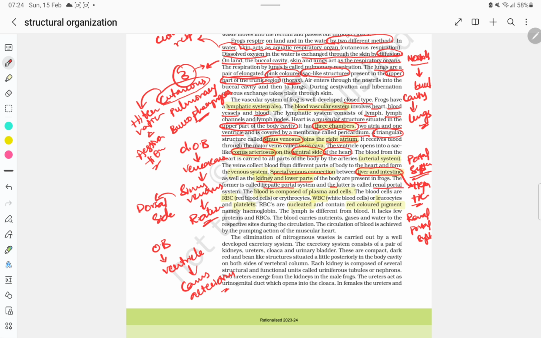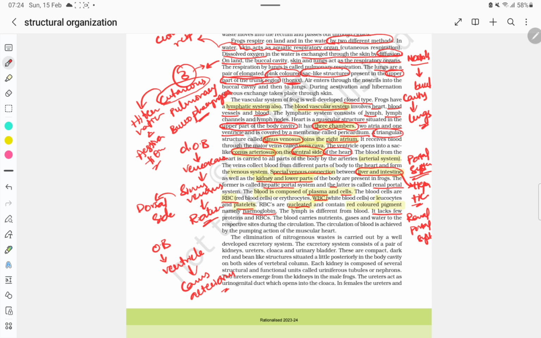Coming to the blood composition, blood is composed of plasma and cells. What are the different cells? RBCs are there, WBCs are there, as well as platelets. The difference is that RBCs are nucleated, and as the blood is red in color, hemoglobin will be present. And lymph is different from blood. How is it different?